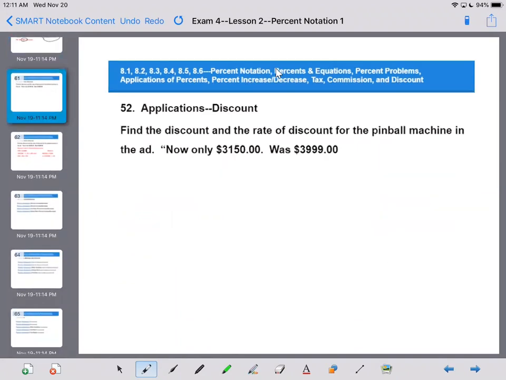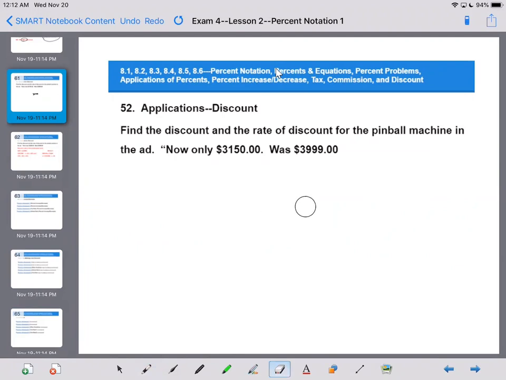And then final problem, find the discount and the rate of discount for the pinball machine. So what you have is that it was $3,999. And what we know, it's now being sold for $3,200.